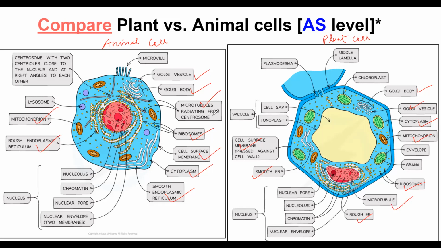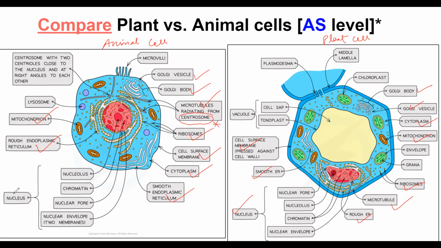The only thing is the centrosome and the centriole are only found in the animal cell. In plant cells, microtubules are present, but they are not made in a certain center like a centriole or centrosome. They are formed independently in different parts of the cell.